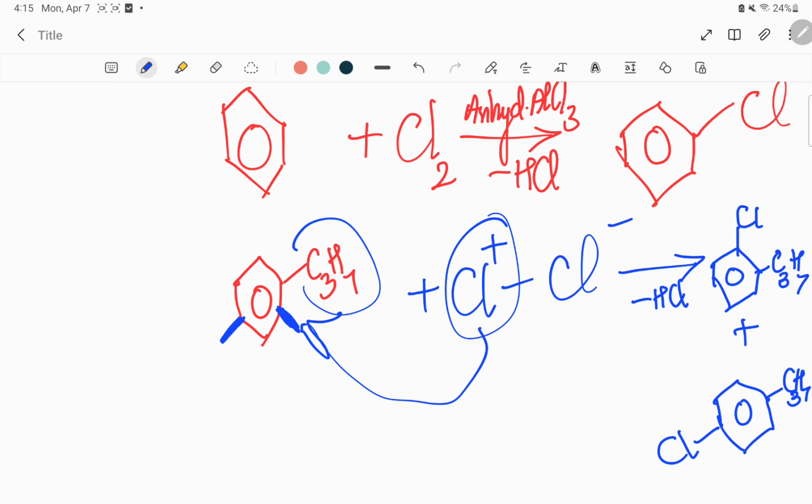chloropropyl benzene. And of course the para compound is more stable, because para isomers are symmetrical, and also they have lesser steric hindrance because both the substituents are far apart from each other. But if you consider the ortho substituted compound, the two groups are adjacent to each other, so there is more steric hindrance experienced.